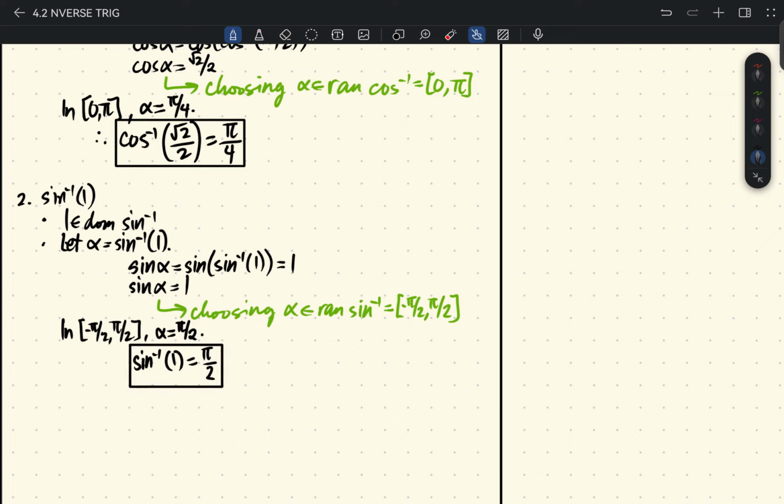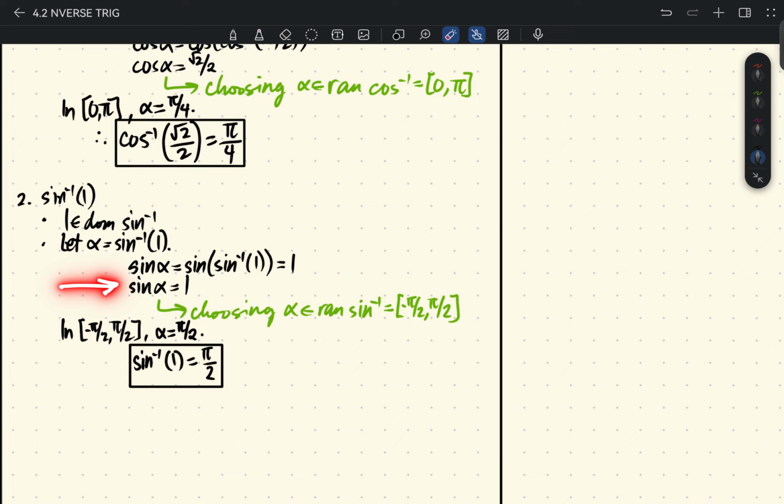So as you can see, we have a general method, no? It's quite simple. First, make sure that the one inside is inside the domain of this function. Then after that, you can let this value to be some certain variable. Then from here, you can apply the original function to both sides to get a trigonometric equation.